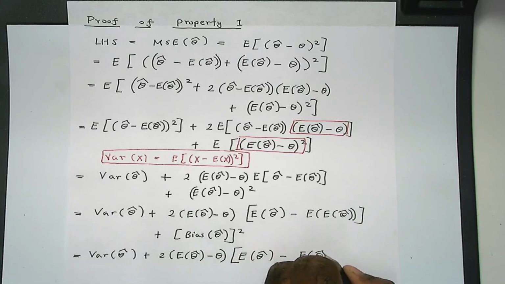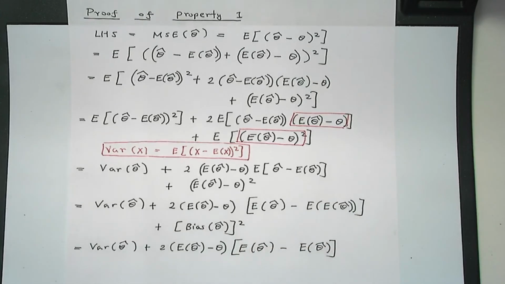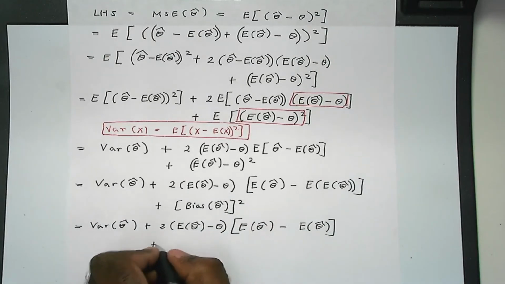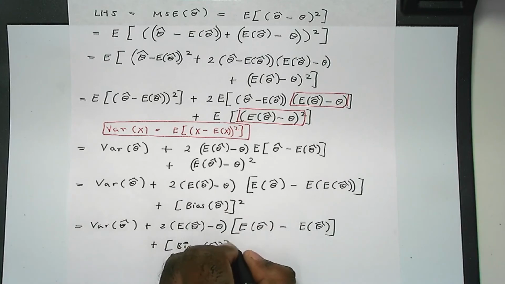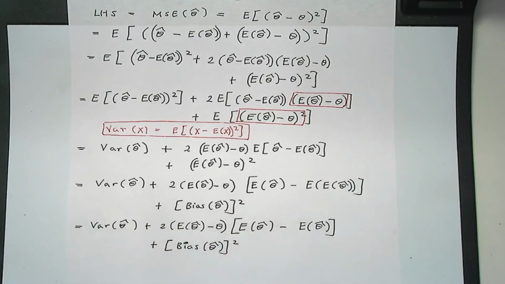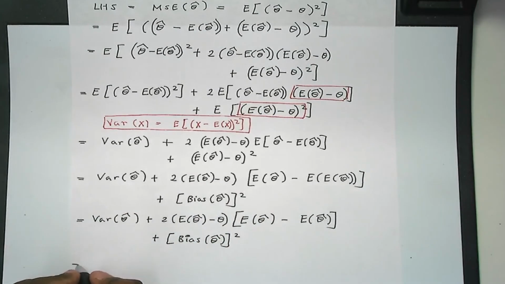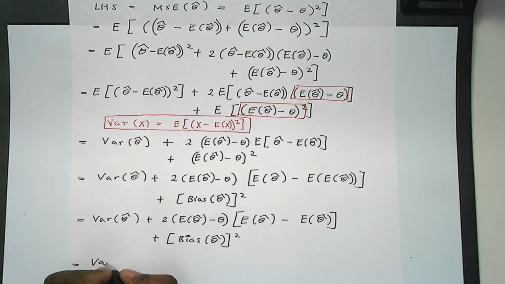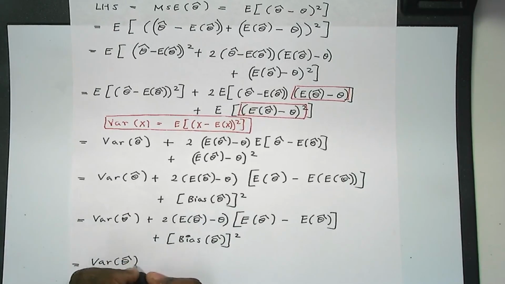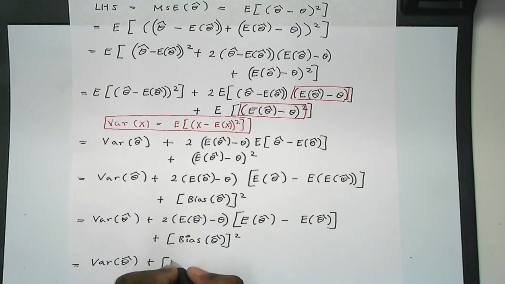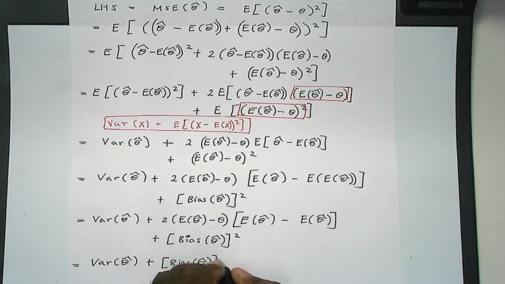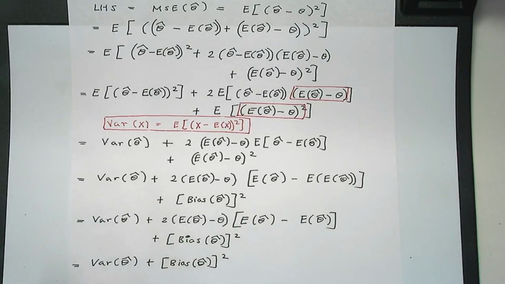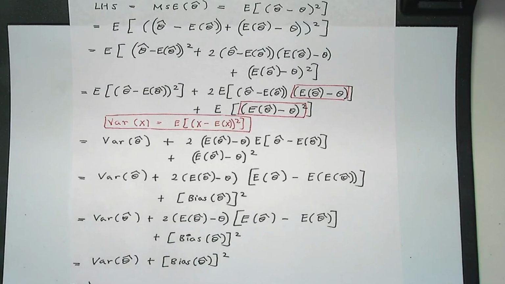So this is clearly 0. So what you have is the variance of theta hat plus the square of the bias, and this is equal to the right hand side.